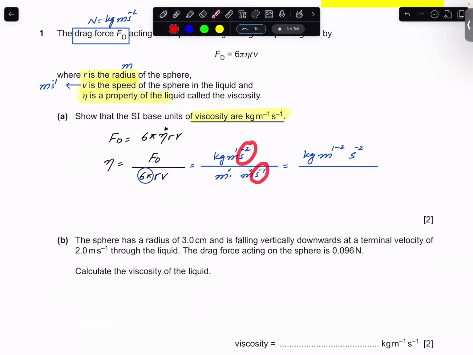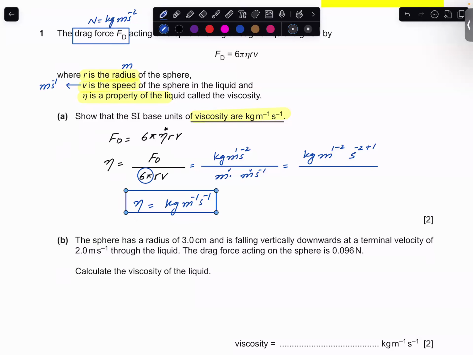When s power minus 1 is shifted to the numerator, it becomes plus 1. So the final unit of eta is kilogram, m power minus 1, s power minus 1. This answer exactly matches the answer given by the examiner to show. So both answers are the same.